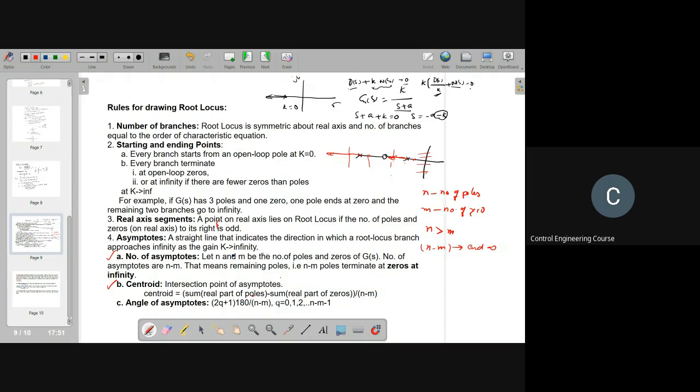Let's start with one simple example. We now have 4 points. Let's use these 4 points to draw a root locus.